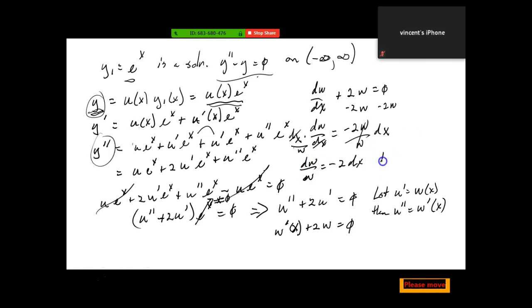That gives me log w is equal to minus 2x plus some constant c. If you integrate both sides of this, it would be log w is equal to minus 2x plus c.